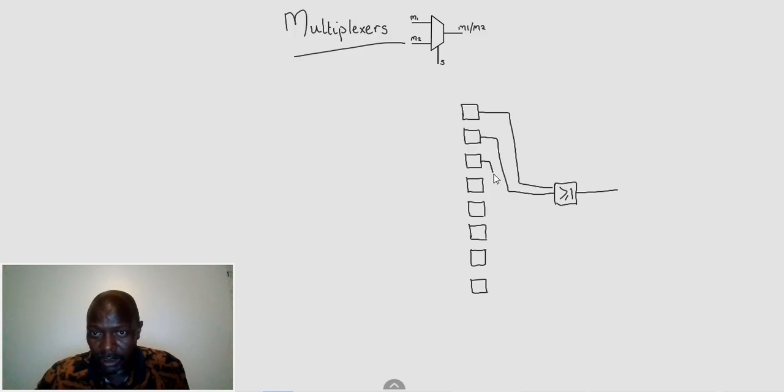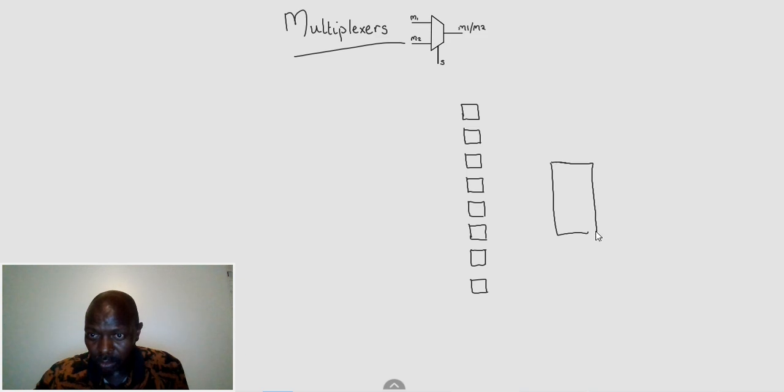It's about to rain here, so I hope the noise will not be too much. Let me rather undo this. Let me rather make my gate a little bit big. I can see that I'm going to have issues, so I'm going to make a very big OR gate to allow what I'm trying to explain here, giving us one output.